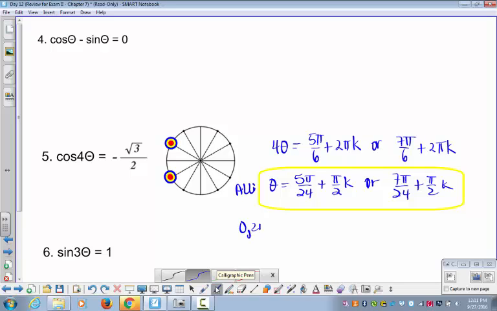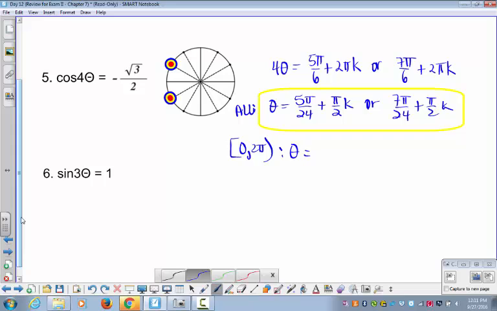And then the last thing, let's go just 0 to 2 pi. How many solutions should we have? 8 solutions. We're going to have 4 from each group. So 5 pi over 24. I need to rewrite this so that the denominator is the same. So it's going to be 12 pi over 24. That's the same as pi over 2. That's how you would get a common denominator of 24. So what are we adding to the numerator?